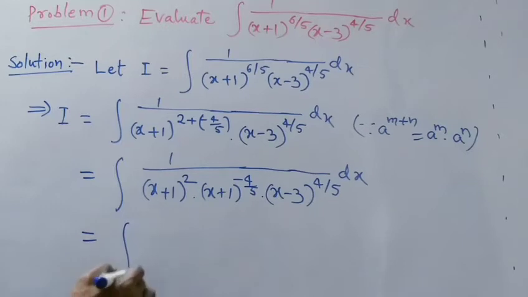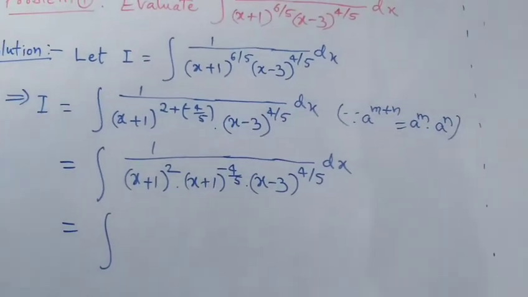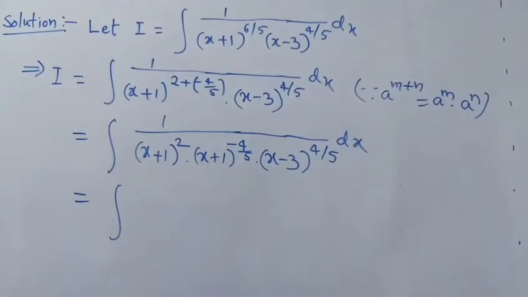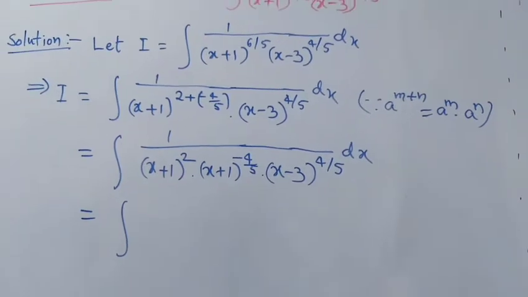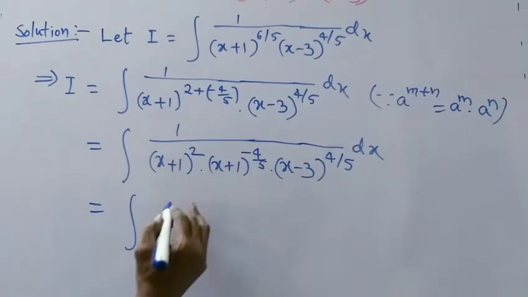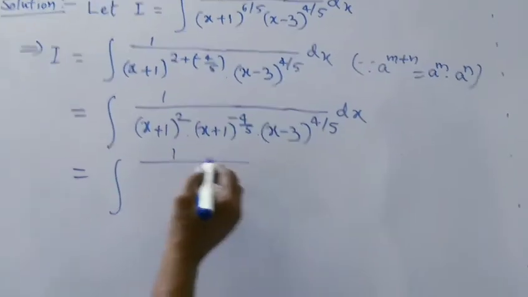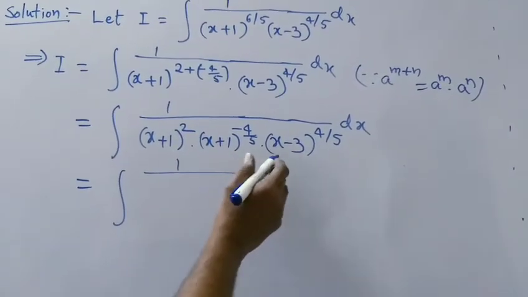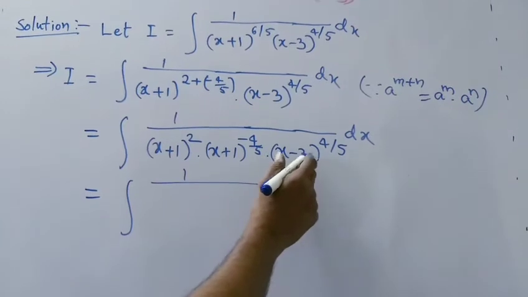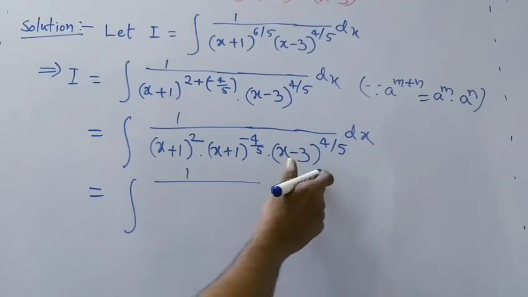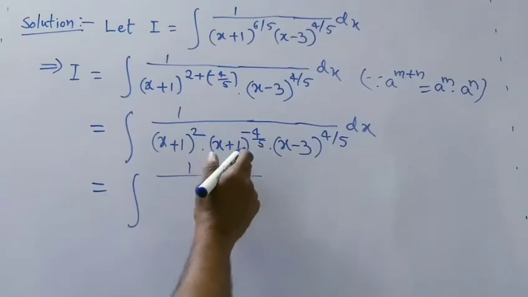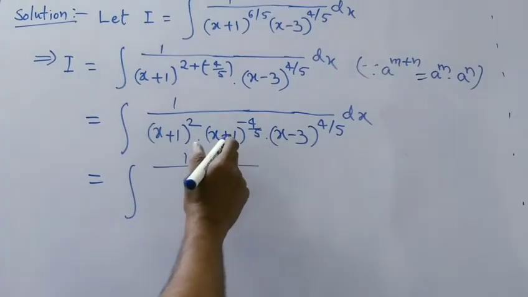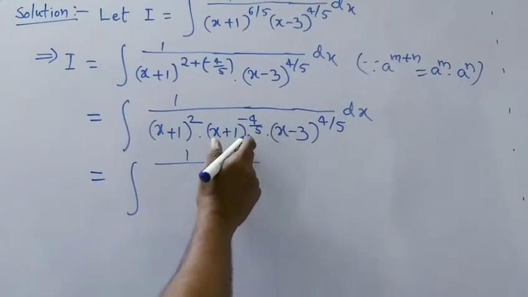Is equal to the integral of 1 by, here x minus 3 whole to the power of 4 by 5 in multiplication with x plus 1 whole to the power of minus 4 by 5.